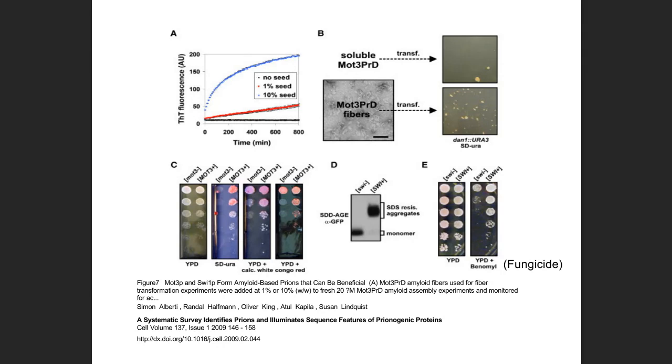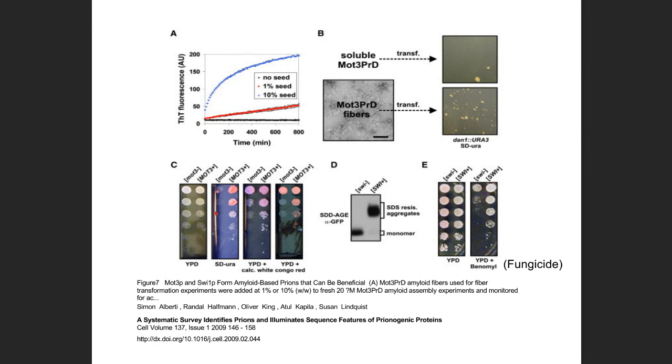So this is another experiment showing adaptive functions of protein misfolding. What this is using is Benamil, which is a fungicide. Fungicides, the natural enemy of fungi.